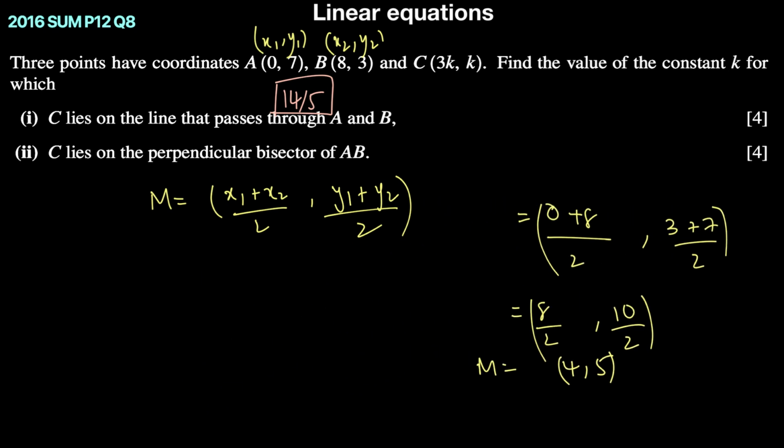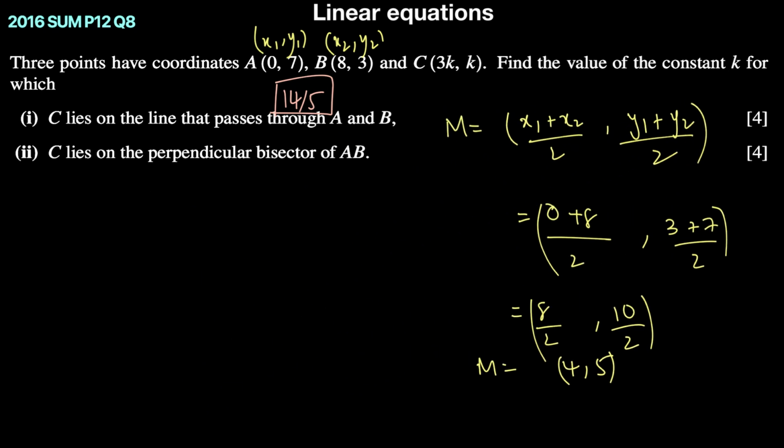Now, once we have our midpoint, we know that the perpendicular bisector passes through this point, but we also need to figure out the slope of this line. We know that the slope of a line that's perpendicular to a given line is the negative reciprocal of the slope. We already know the slope of the line AB.